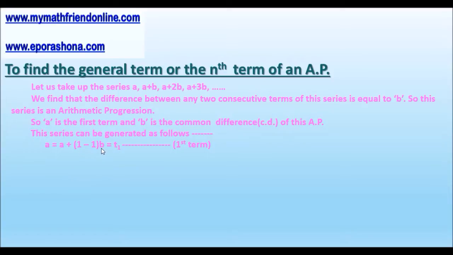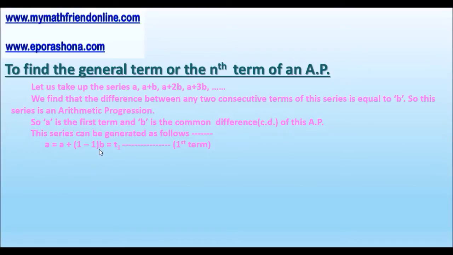So 0 multiplied by b will be giving us a 0, which when added to a will be giving us an a, which is the first term. So the first term can be written as a plus within bracket 1 minus 1 times b.